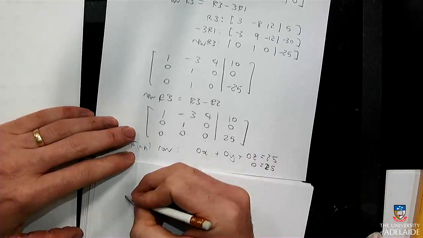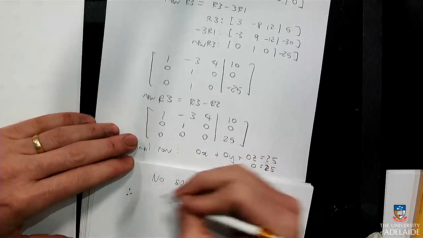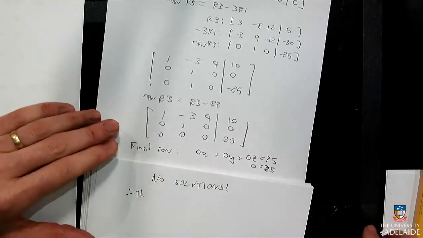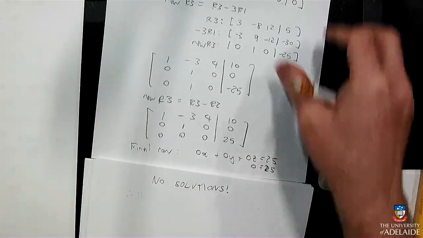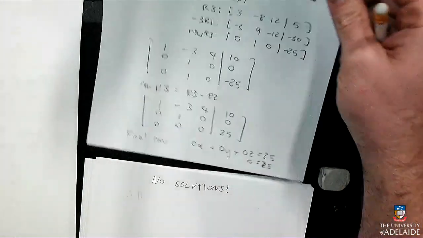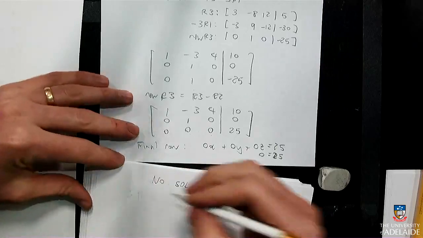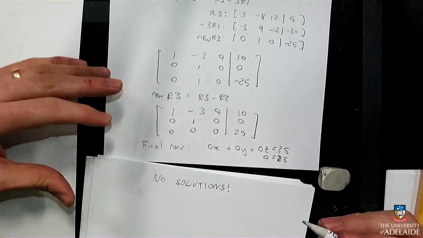And so therefore, all right, so what does that mean? My original equations, there is no point in all three of these planes. So there's no solutions, and so I interpret the result.